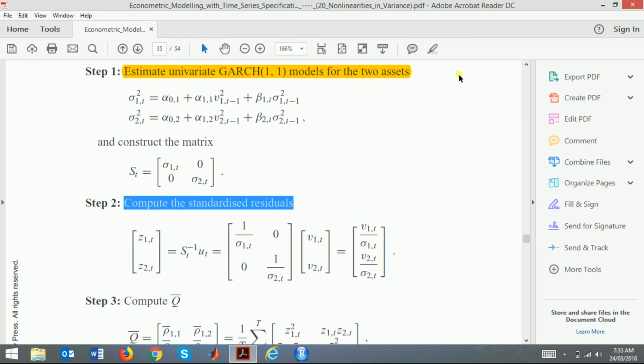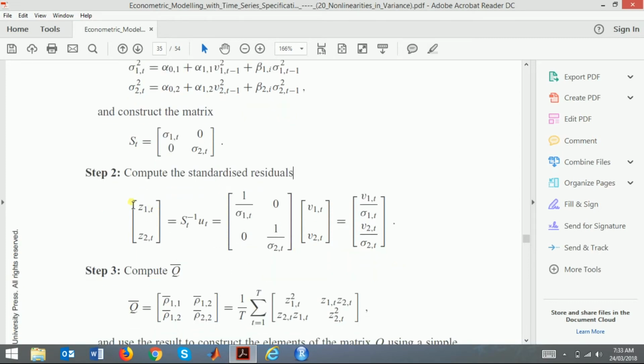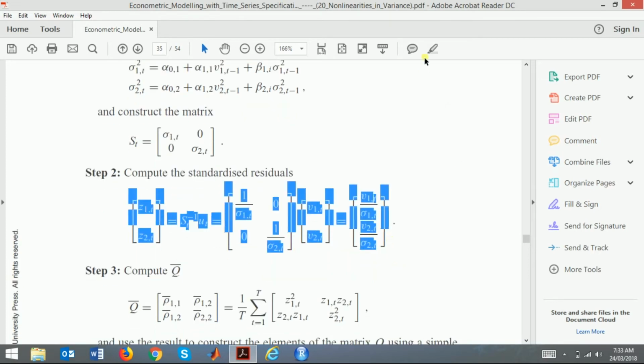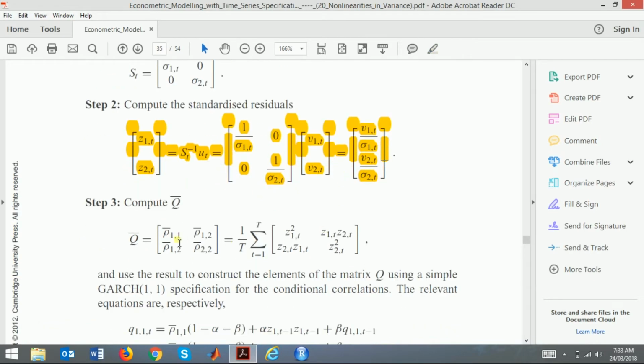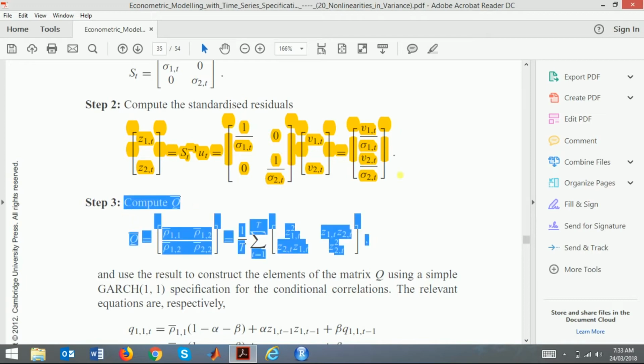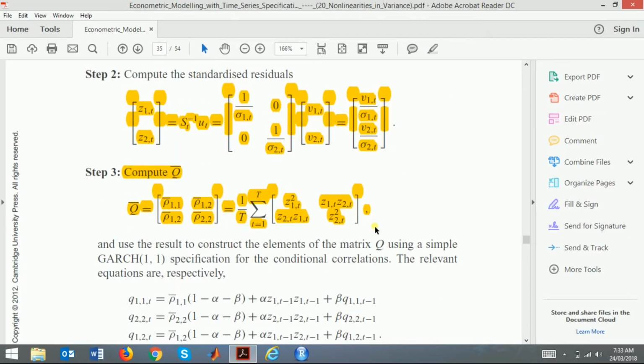First, let's find the standardized residuals, which is S inverse times u. So 1 over sigma 1, 1 over sigma 2, and we have standardized residuals. With the standardized residuals, let's find Q, the matrix of correlations. Beautiful. So first standardized residuals, then Q.